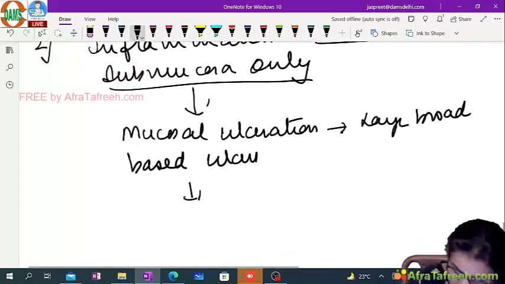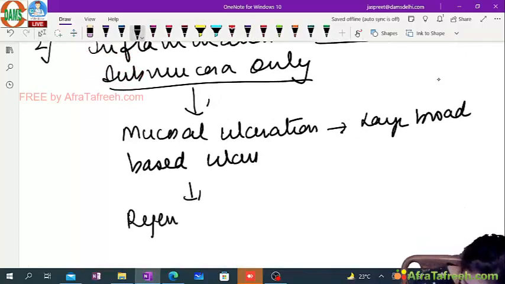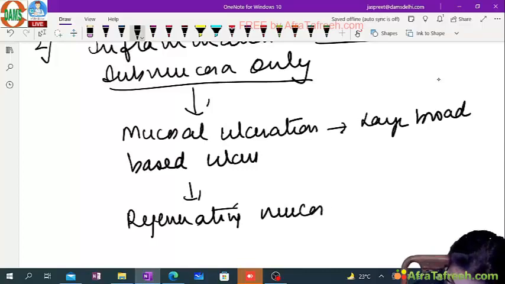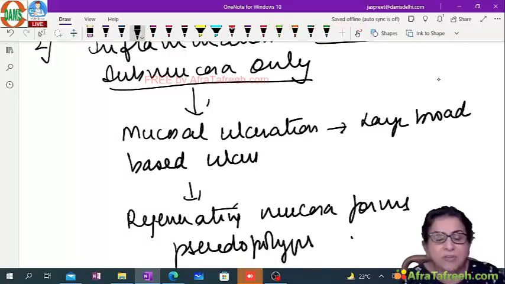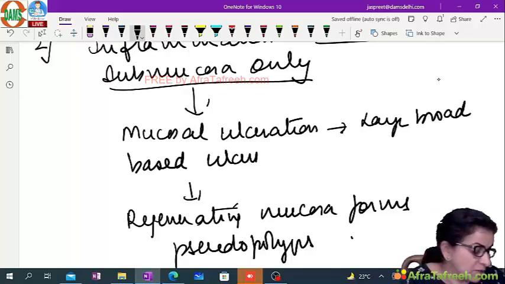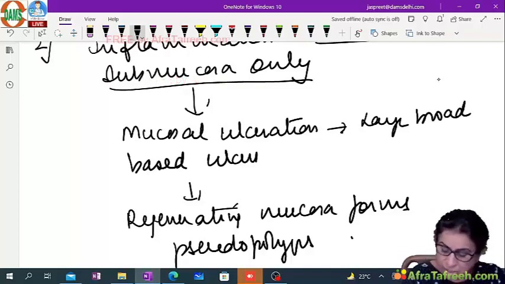So the regenerating mucosa forms pseudopolyps.